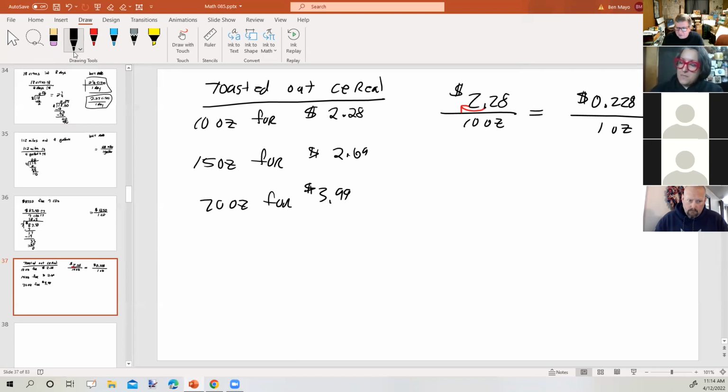Now, be careful. How much money is in the numerator there? How would you correctly say that? 23 cents. It's how much? 23. Okay, but what's showing right there?